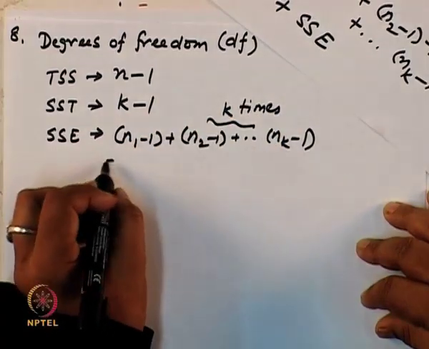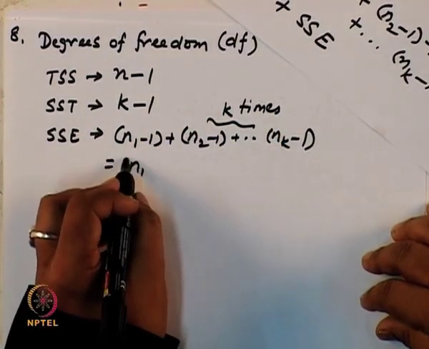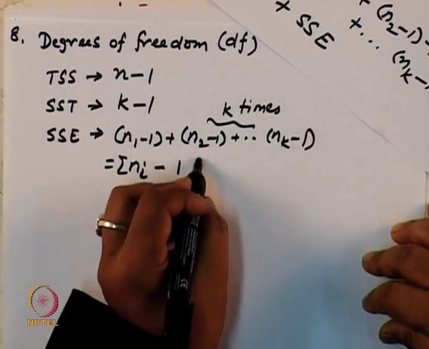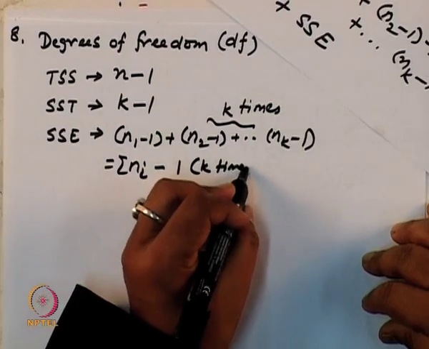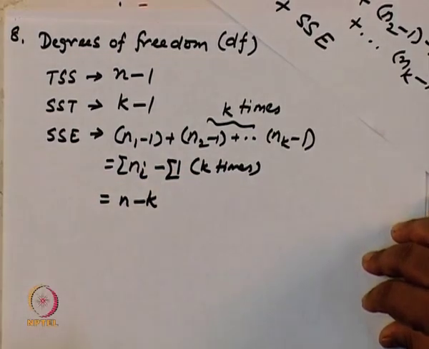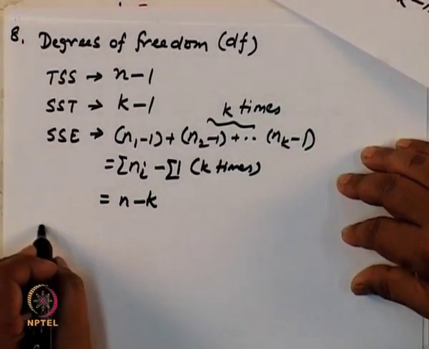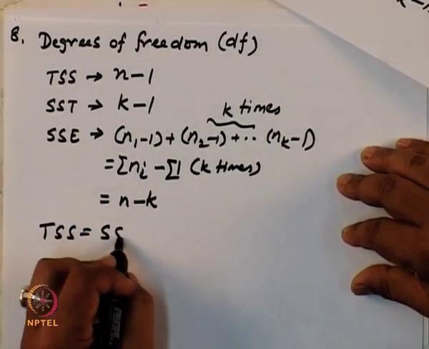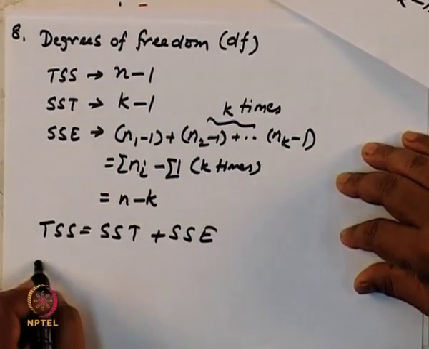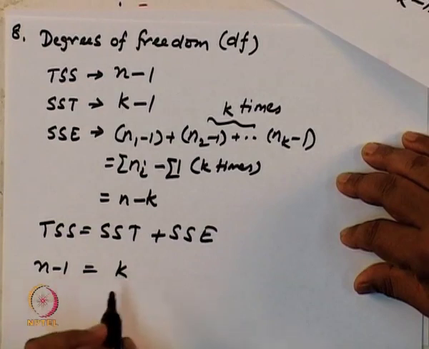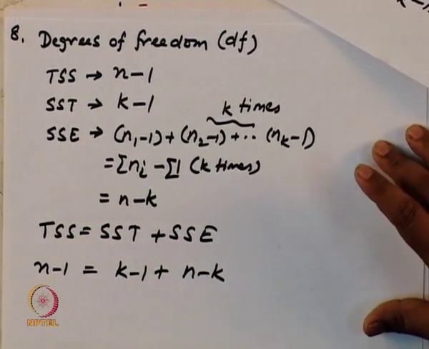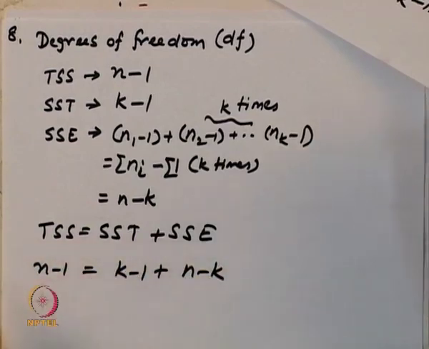This you can simplify: summation of ni gives n all together, and minus 1 k times gives minus k. This is nothing but n minus k. Given that TSS is equal to SST plus SSE, the degrees of freedom n minus 1 equals k minus 1 plus n minus k. So, the degrees of freedom also add up.